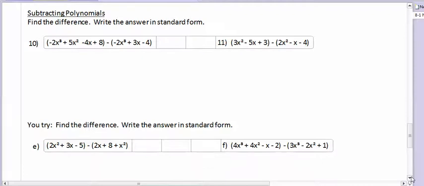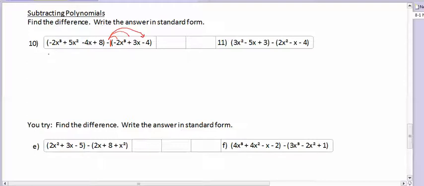Okay, this is pretty similar to what we just did, except there's one thing that you need to remember. Okay, so let's go ahead and put that thing that you need to remember. You need to remember that there is an invisible 1 here. Okay, when there's an invisible 1 there, that means we have to multiply everything we see by a negative 1. So that is going to change these numbers to the opposite.